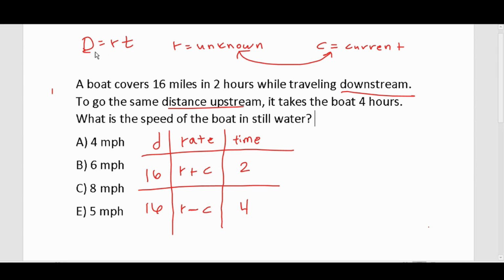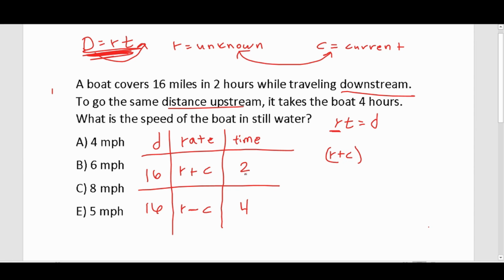I know this is how the formula is traditionally written, but to make things easier, I'm actually going to write it as this: rate times time equals distance. It's the same formula. I just took this and moved it over there. So again, we know our rate. Our rate is R plus C for this one.